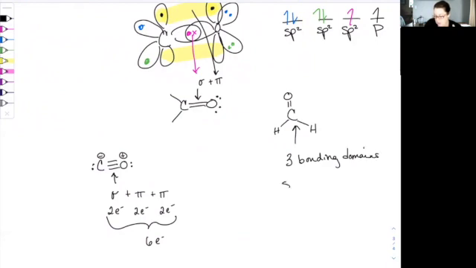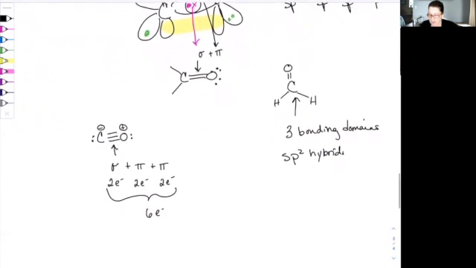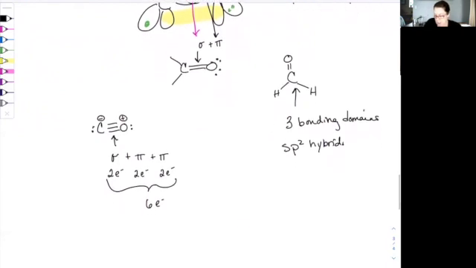So that means it is sp2 hybridized, and that it has a geometry of trigonal planar. Does that make sense? That's what I would expect you to be able to do right now.